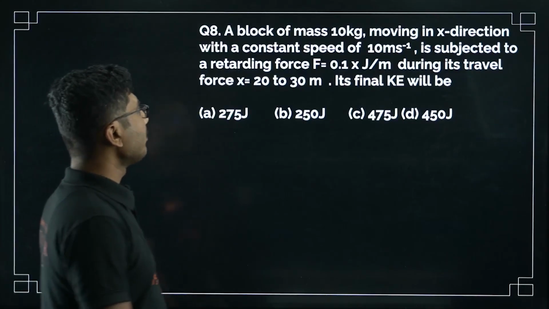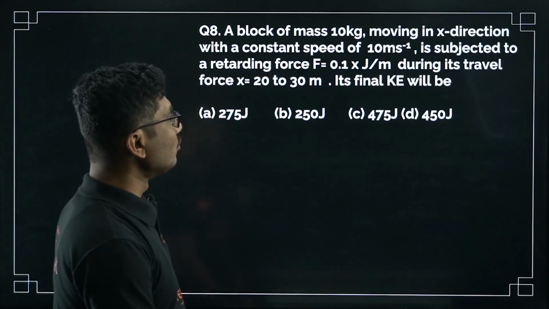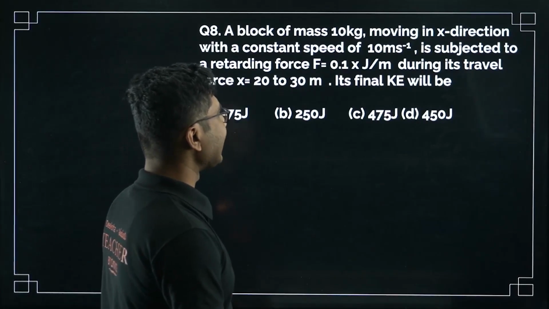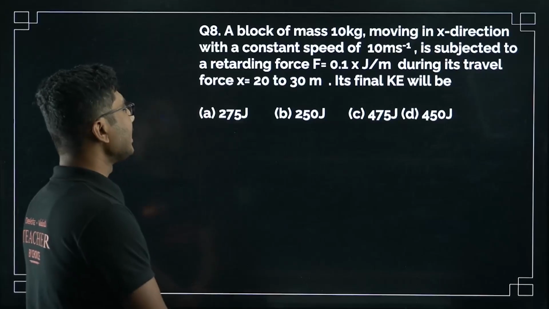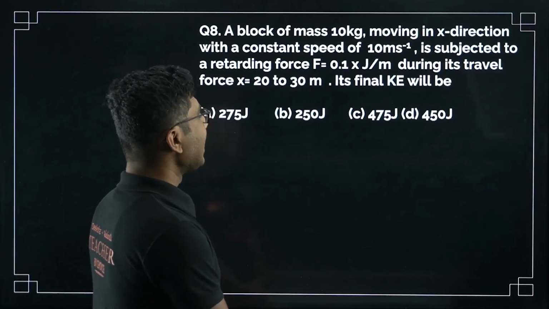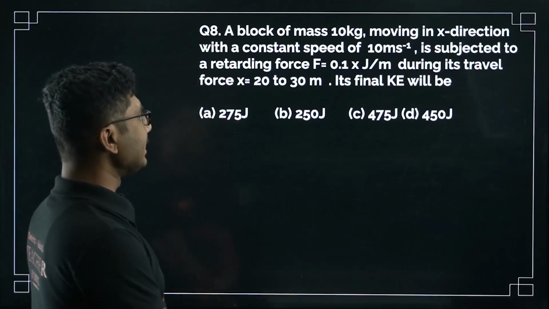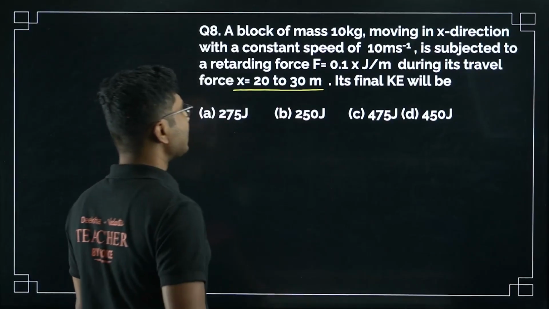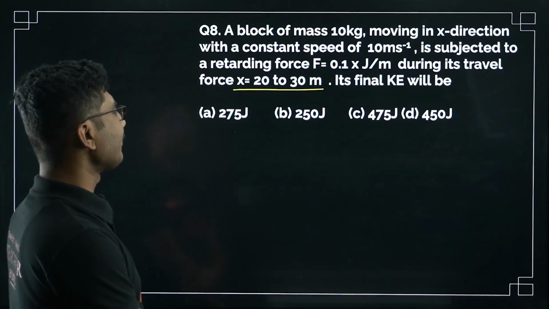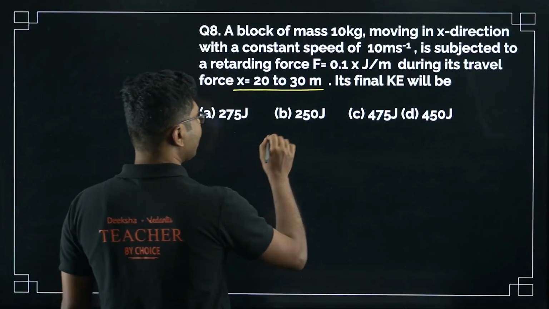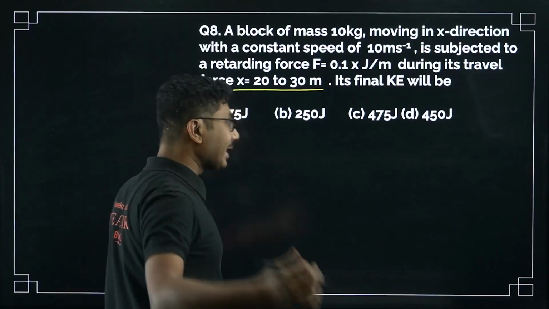A block of mass 10 kilogram moving in x direction with a constant speed of 10 meter per second is subjected to a retarding force of F equals 0.1 x joule per meter. During its travel, for x equals 20 to 30 meter, the final kinetic energy will be. So first of all, we will use the work energy principle.